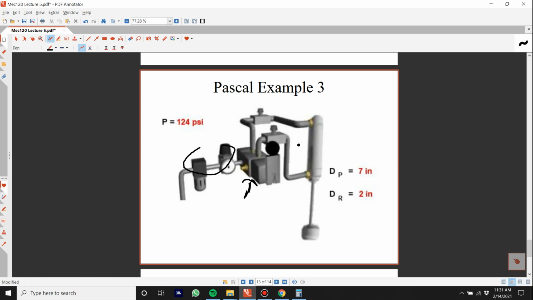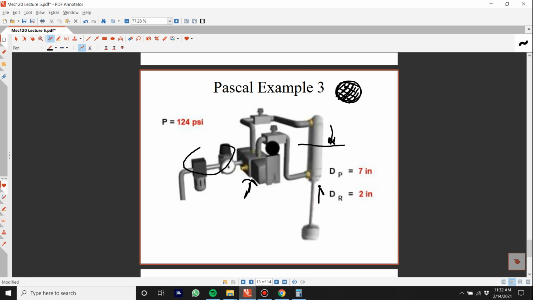If I could chop this cylinder in half with a hacksaw, you would see that the piston looking in from this direction is a disc shape, and we calculate that whole area. That's the area that we're going to take into account.